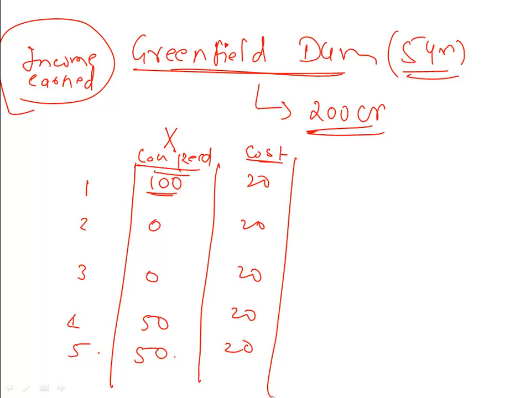So there are two alternative methods. If you can now read what's there in your book. The first method is percentage of completion, and the next one is completed contract.